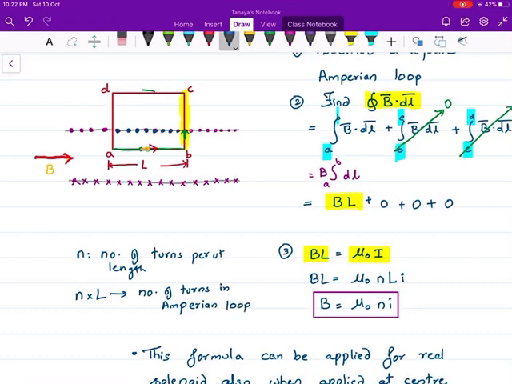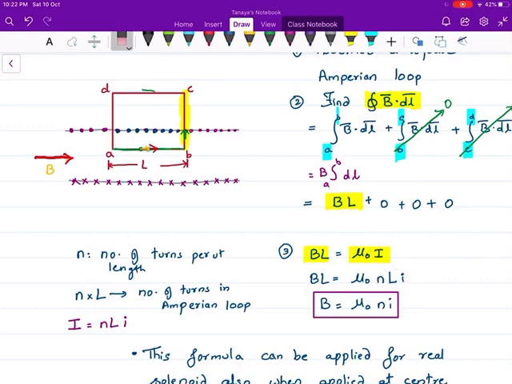And if I is the current through each loop, I can say that the total current flowing inside the Amperian loop is number of loops into the current through each loop. So I'll get it as NLI. So in place of this capital I substitute NLI. So what is the equation that I get?